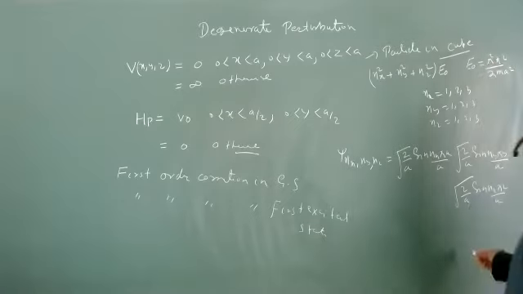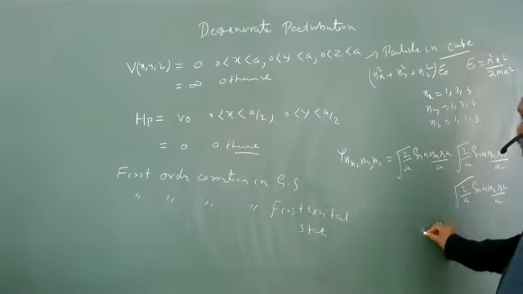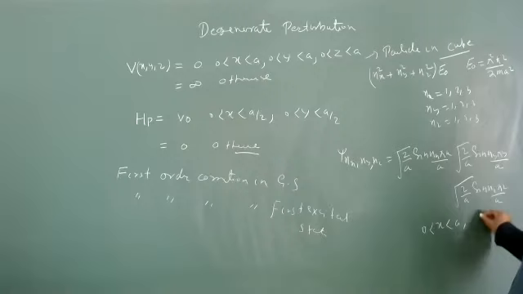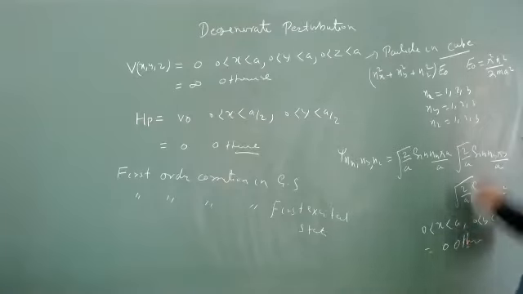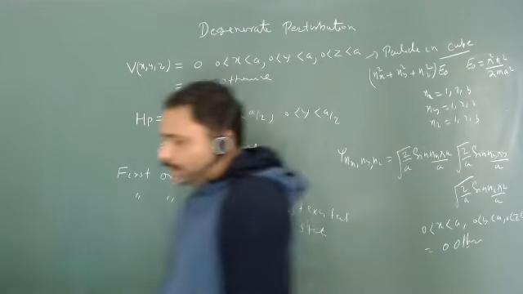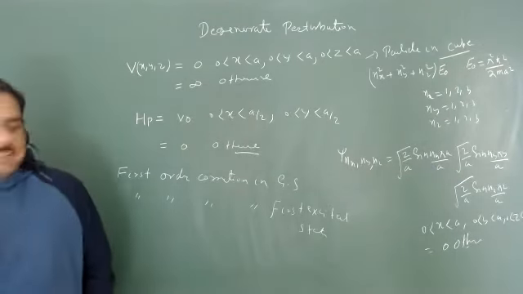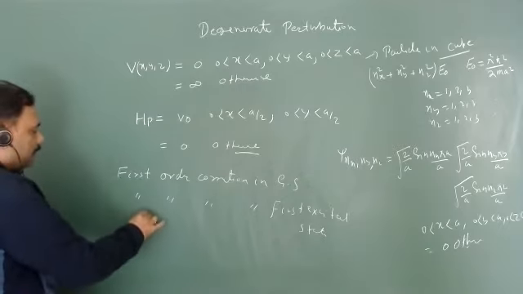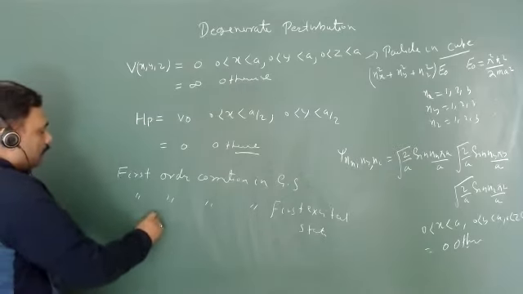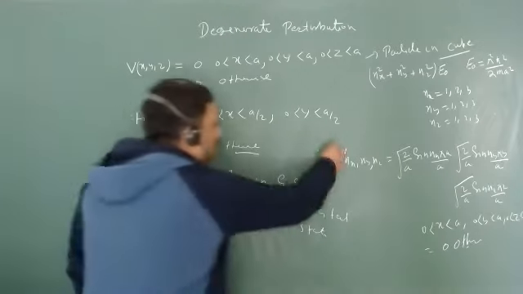The thing is that x is between 0 to a, y is between 0 to a, and z is between 0 to a, and 0 otherwise. We know all this story very nicely. So what will be our ground state wave function? I can write the ground state wave function, and we can write it in ket form also.